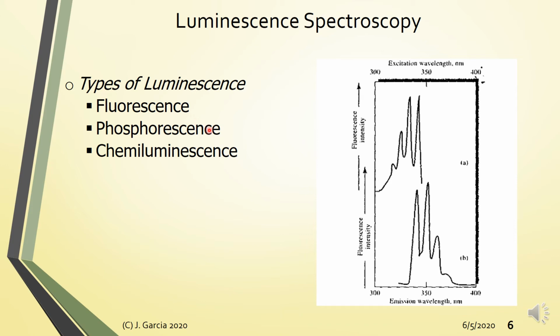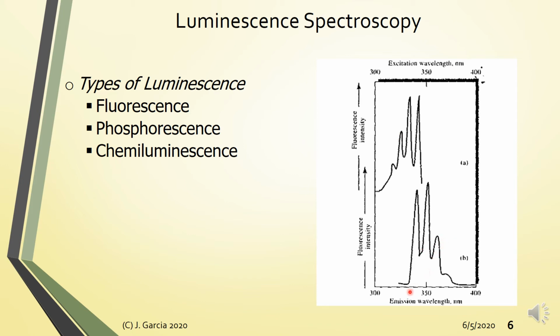All right. For fluorescence, this is an interesting phenomenon. This shows you the excitation spectra. Basically, the excitation spectra is the absorption spectra for your molecule, and this is the complementary emission spectra.